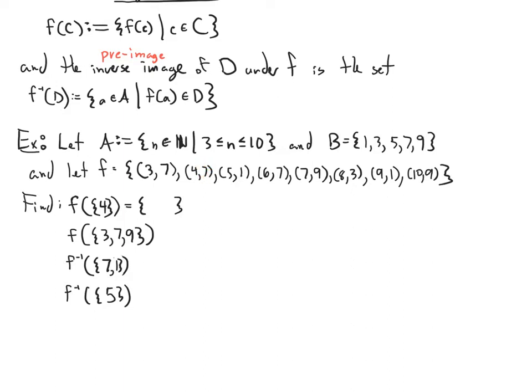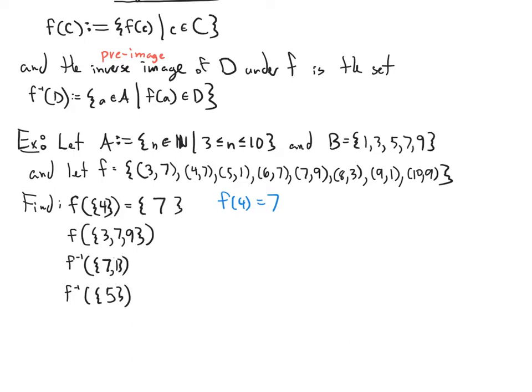So this is the set that contains the number 7. Now notice that's different than saying f of 4 equals 7, because there we're just applying f to the element 4, and we get out 7. Remember, if we're applying f to a subset, like we are here, then our answer is going to be a set as well. It's easier to see once we have a bunch of elements.